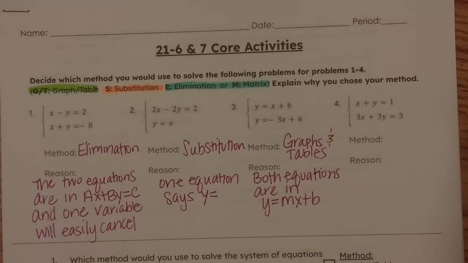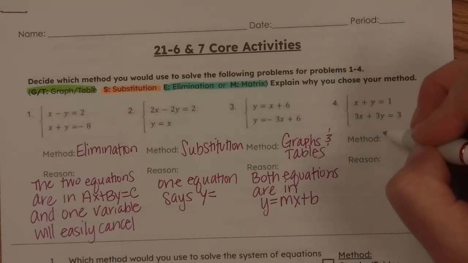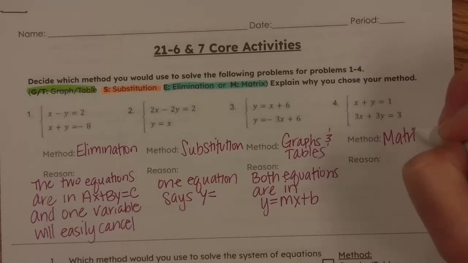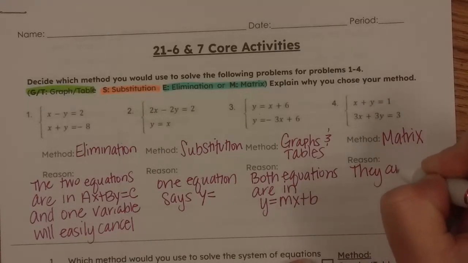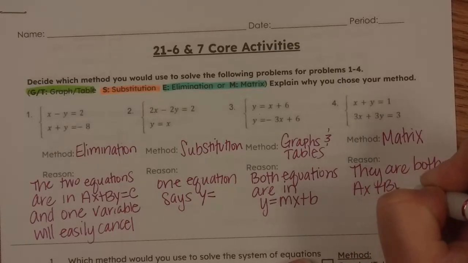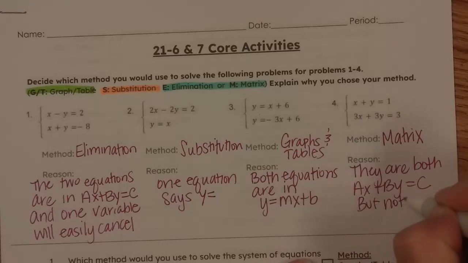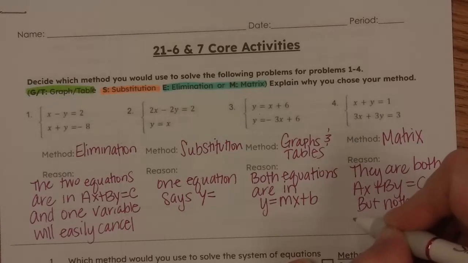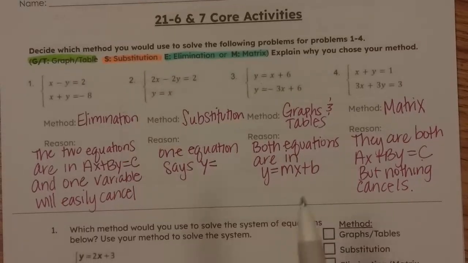So then we would have a no solution type equation. So here we're just going to say this one is matrix, and then the reason is they are both ax plus by equals c, but nothing cancels. Okay, so they're both in ax plus by equals c form, but nothing is canceling out. Okay?